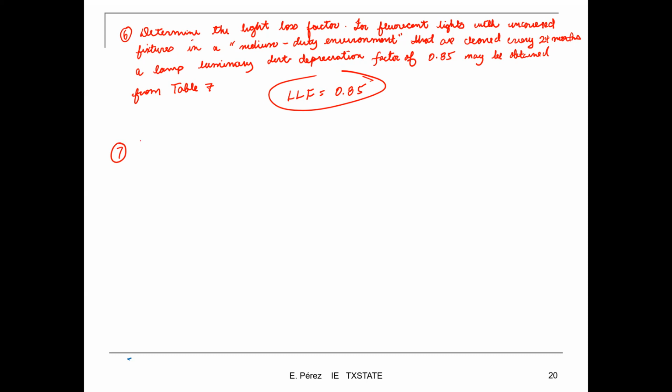finally, we can calculate the number of lamps. So the number of lamps will be equal to this equation.